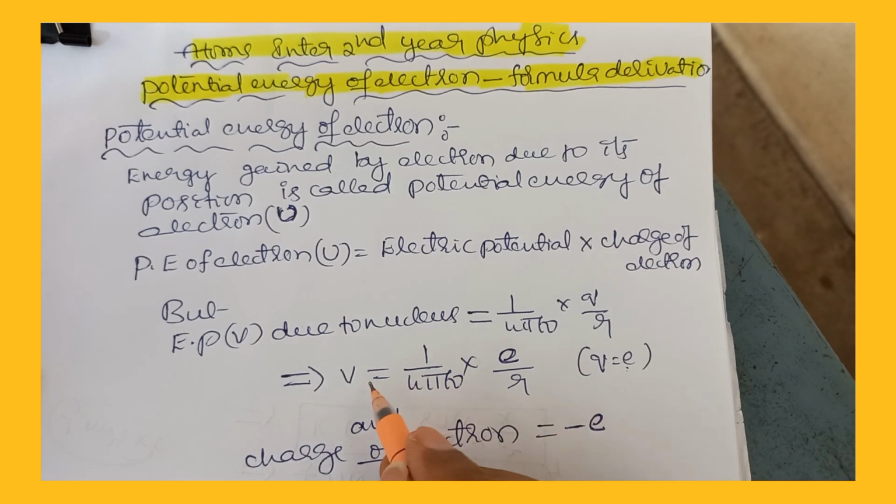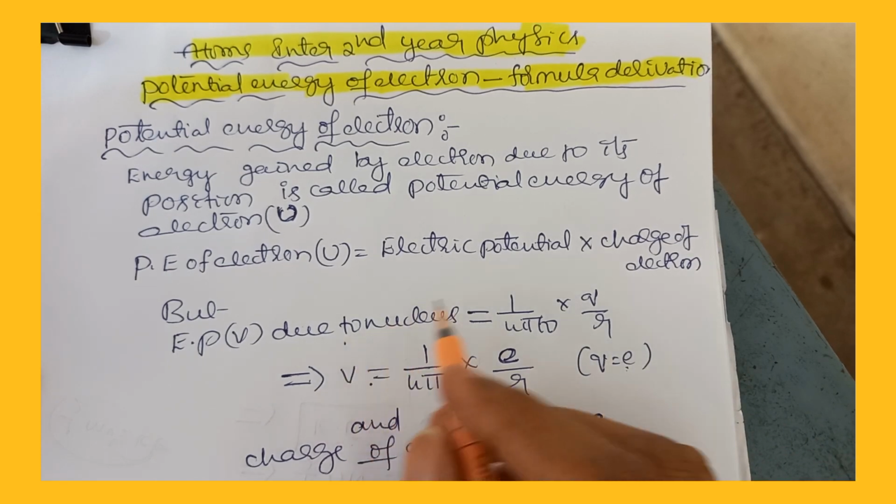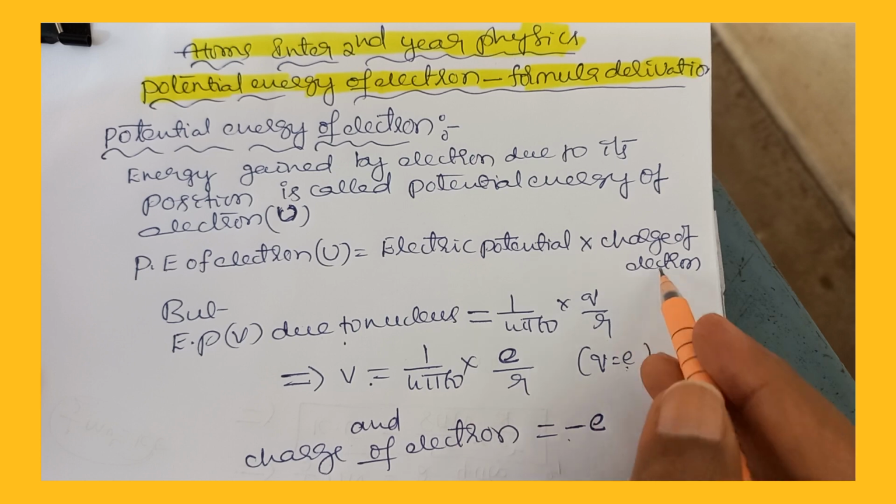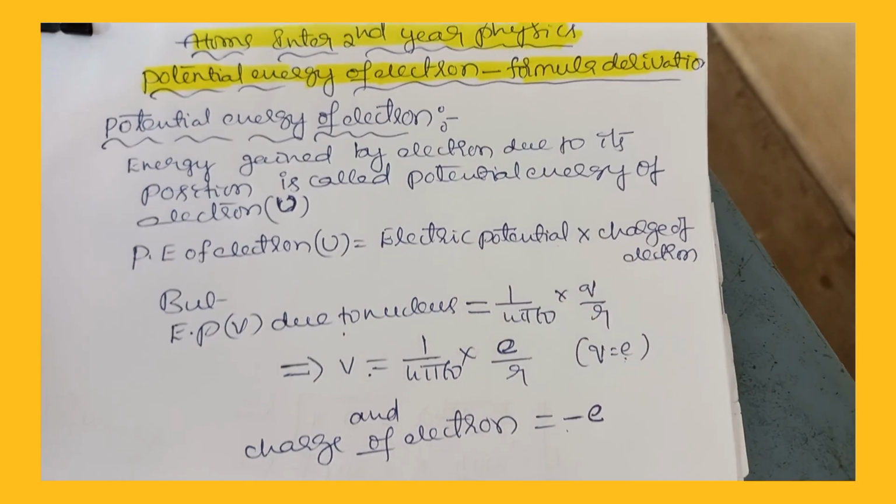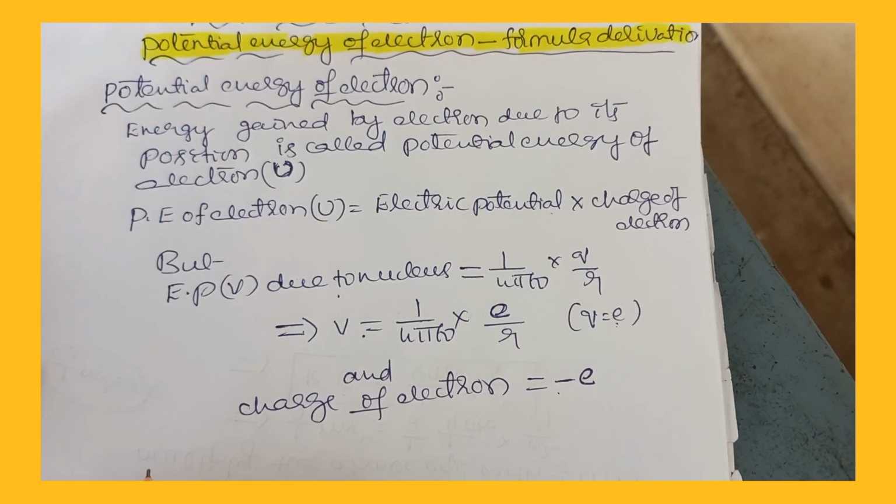So now substitute this electric potential formula and charge of electron in this equation, we get the formula for potential energy.